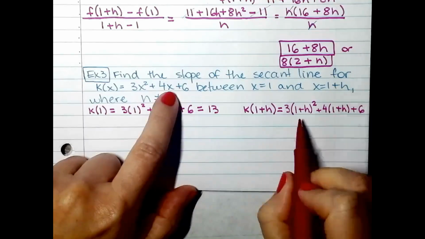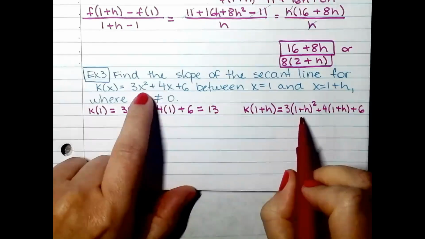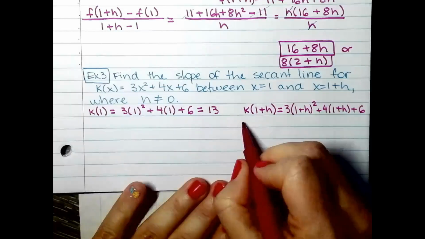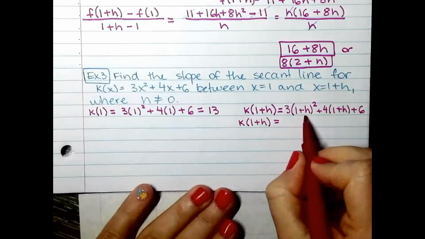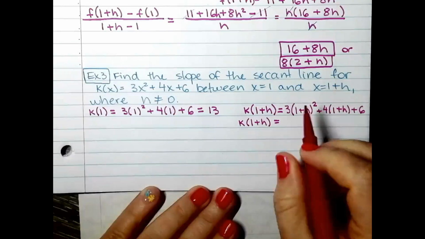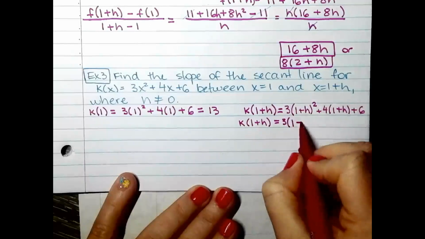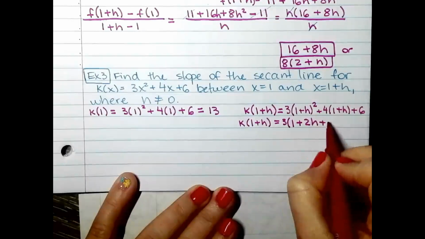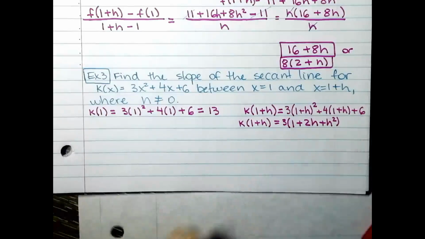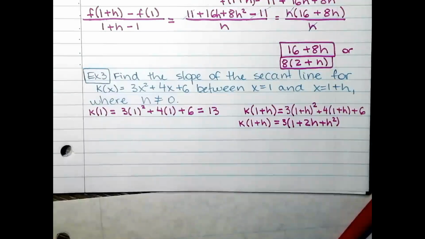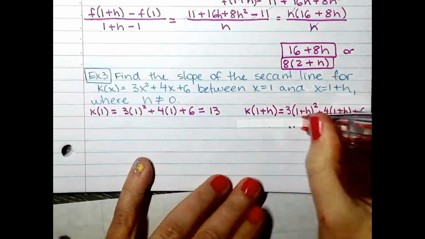That doesn't only go for 1, but every time you see x, you're going to substitute that. Okay. So we will expand this binomial. I am definitely running right out of room here. Sorry. I'm going to shift everything over.